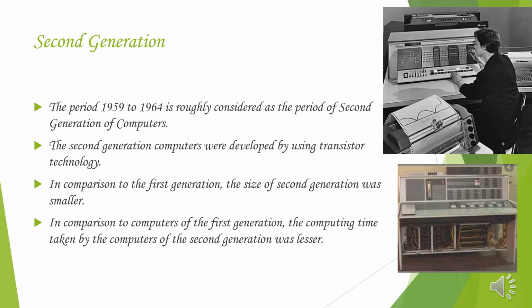Advantages of the second generation: it is very small compared to the first generation, and it generates less heat. Disadvantages: it was very difficult to use for commercial production, as in the first generation. Frequent maintenance and air conditioning were required for the second generation.